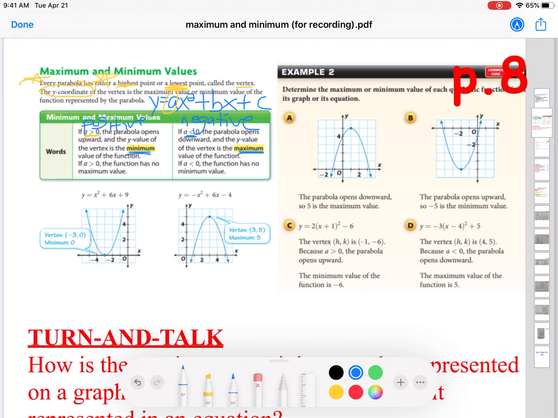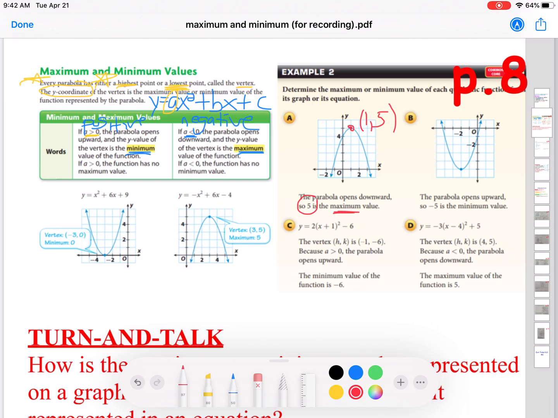If we look at these examples in example 2, again, if you can identify the vertex, you are able to find your maximum or minimum value. If we look at example A, our vertex right here is at (1, 5). Since this parabola is upside down, that means that we have a maximum value because it's the highest. And again, the maximum would be 5 because we said that it is the y-coordinate of our vertex.